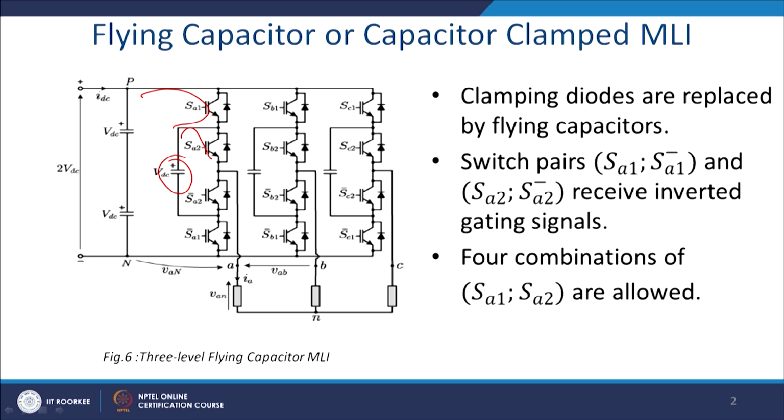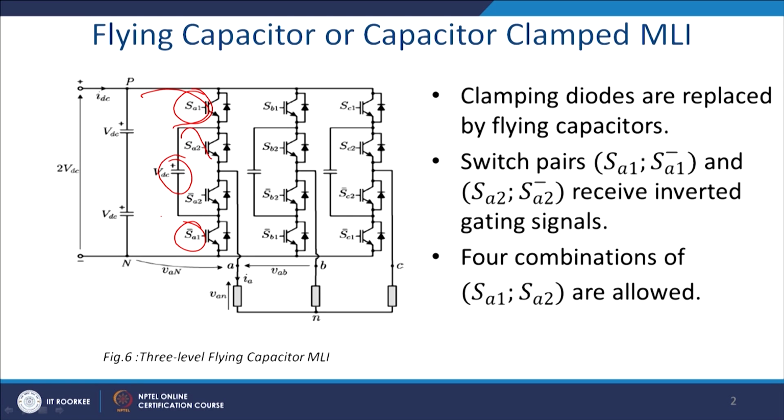Thus, what is the condition? We can see here also, if this switch is on, then this switch will be off. There is a little difference in the logic here.